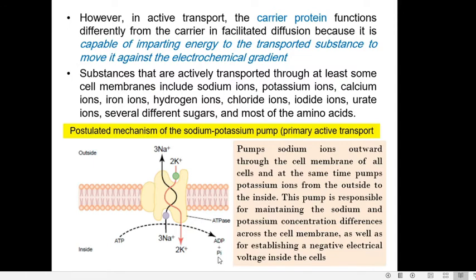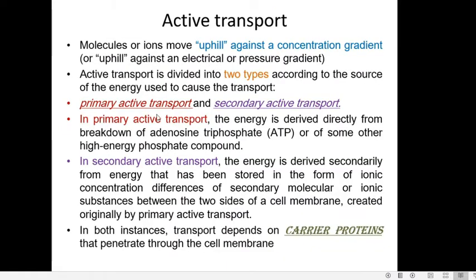And it is this energy that is being used for pumping sodium ions outward and potassium ions inward. So here the energy is directly derived by this particular protein, which will split ATP into ADP. That is why it is called primary active transport. So in a nutshell, in primary active transport, the energy is derived directly from the breakdown of ATP or some other high energy phosphate compound by the carrier molecule itself.